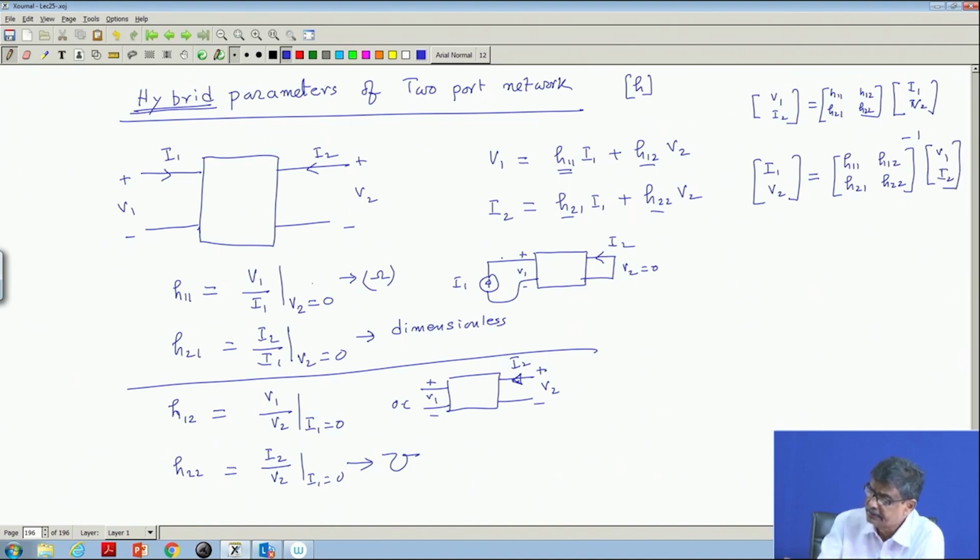If this inverse exists, these parameters are called, we will not discuss in detail, the inverse of H parameters, that is H21, G21 and G22.